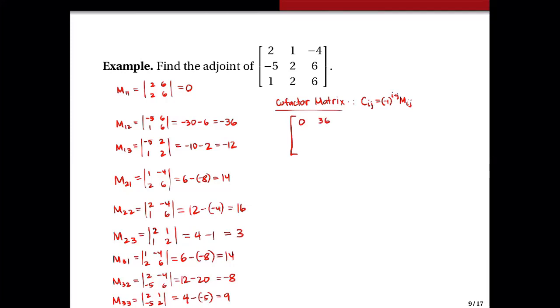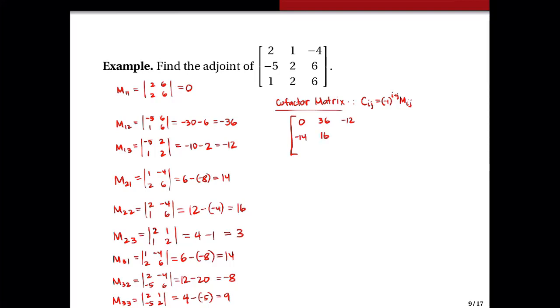M13 is -12. It's still negative 12 because 1 plus 3 is 4, and negative 1 raised to 4 is positive 1. M21 here, you have negative 14. M22, you have 16.